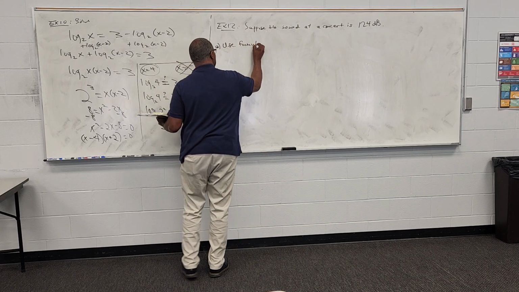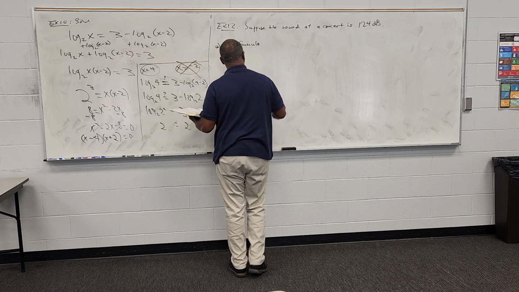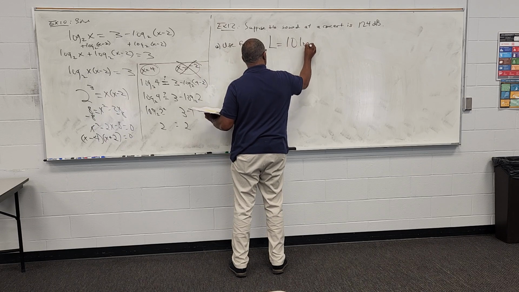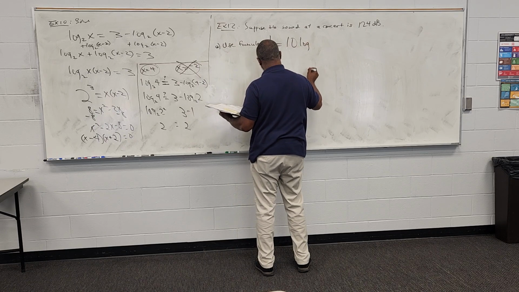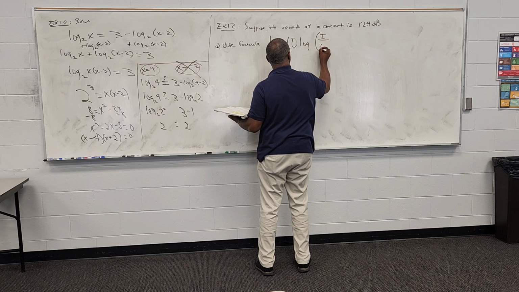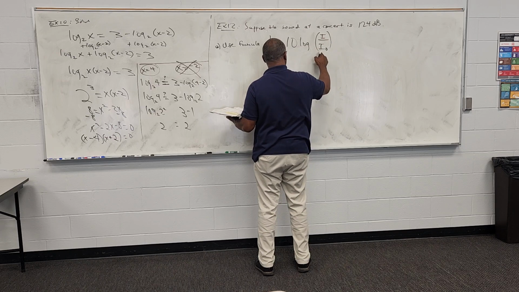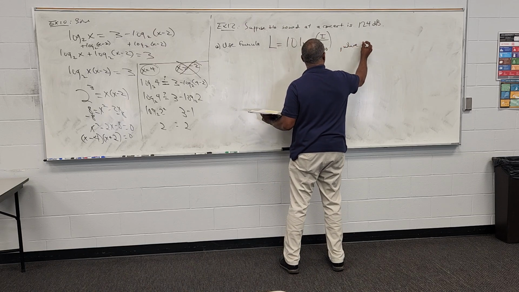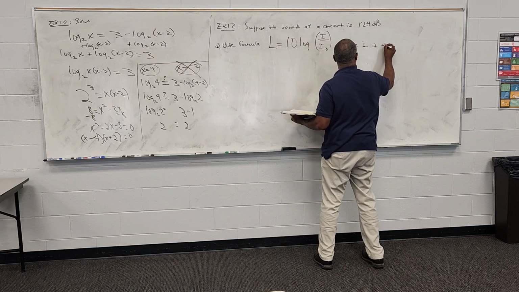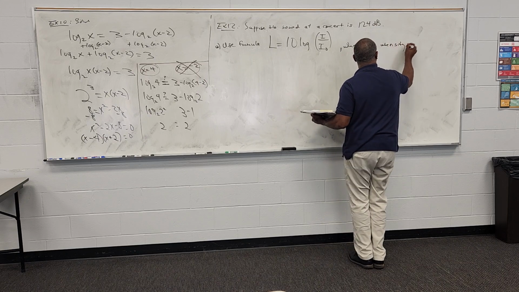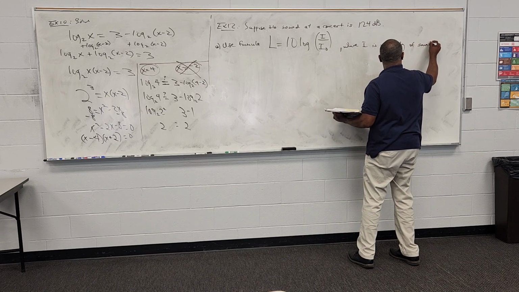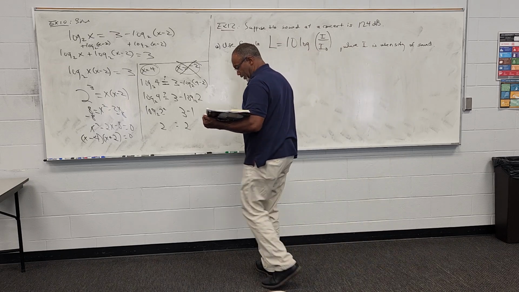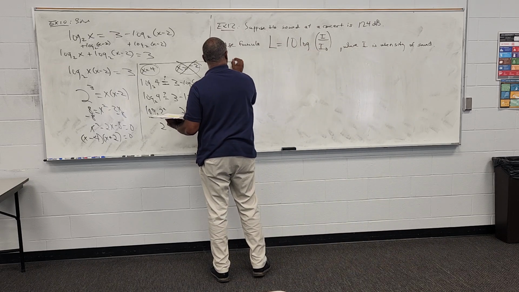They say L equals 10 log I over I sub 0, where I is the intensity of sound, and they give you units, and L represents the loudness of sound.